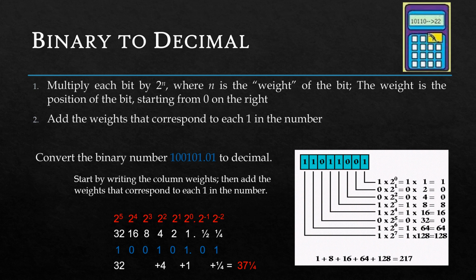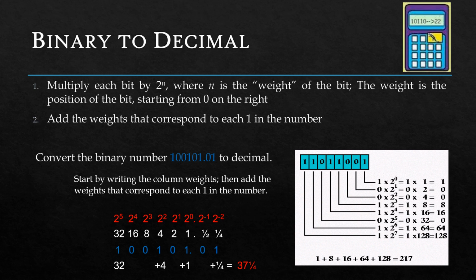Then 0 has the positional weight 2 power 1. We write all the positional weights, so the MSB 1 is represented with the positional weight 2 power 5. After the decimal point, we write 2 power minus 1 and 2 power minus 2. Then we add the weights that correspond to each one in the number.